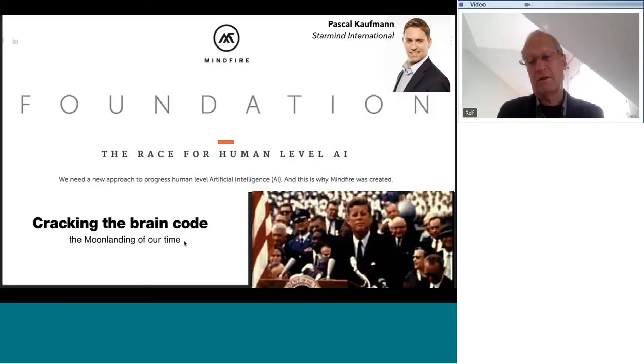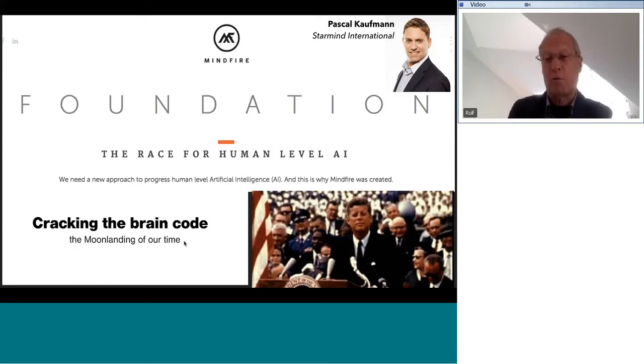And there's a new initiative in Switzerland, which is basically going to be a worldwide initiative called MindFire. It was just launched, I think, about a month ago in Zurich at ETH. And you can see what it says, the race for human-level artificial intelligence, and then cracking the brain code, the moon landing of our time.